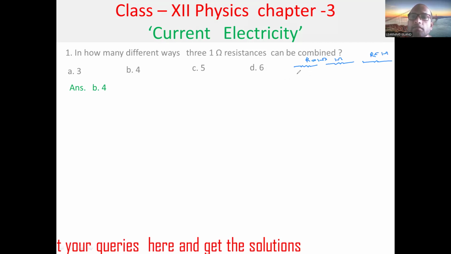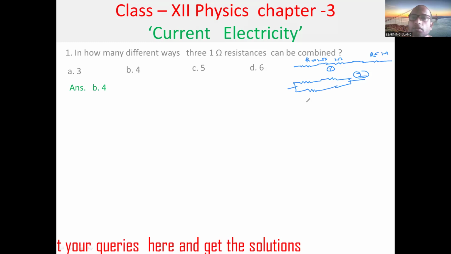See, if we connect them directly, this is the series, this is one type. We can connect them like this. Suppose this is one resistance and connect another with series, and the third one connect parallelly. This is type number 2.